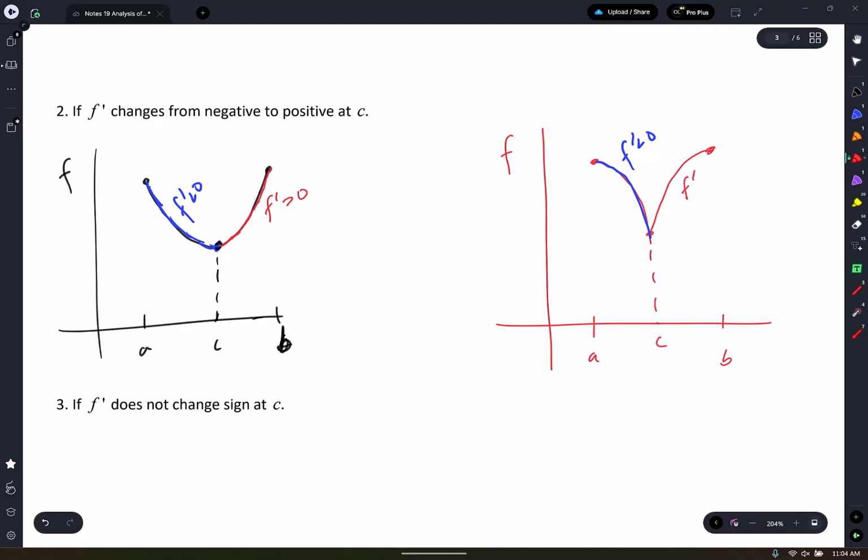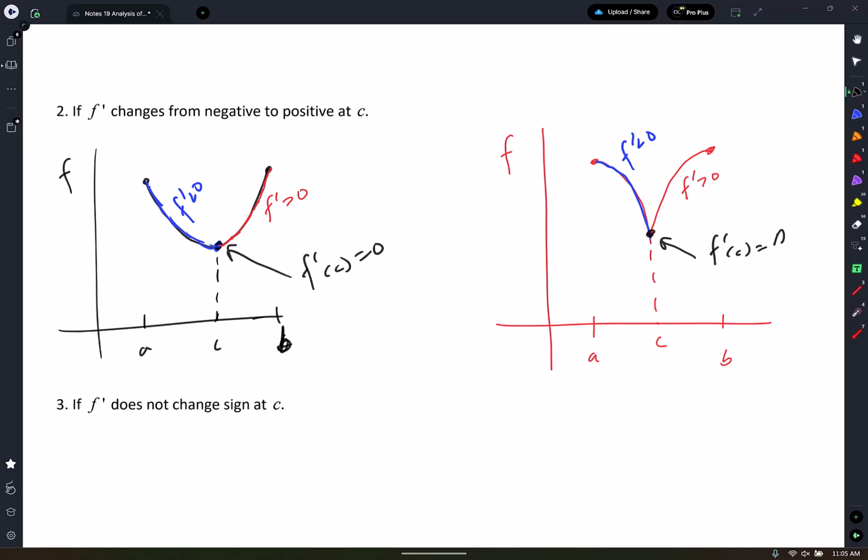This is already red. There it is. If f prime changes from negative to positive, what do we have? f has a min.